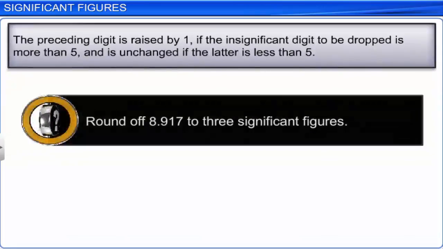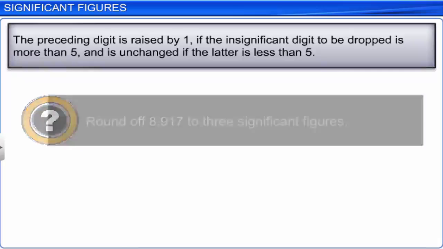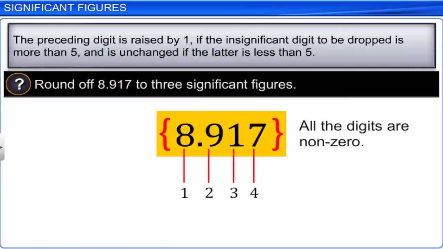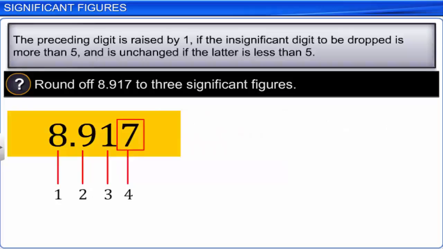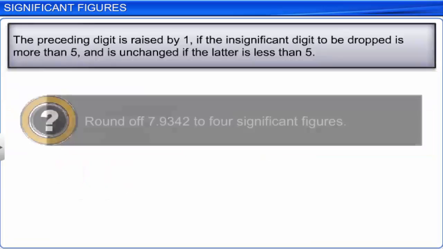Here is an example. We will round off 8.917 to 3 significant figures. This number has non-zero digits and there are 4 significant figures. In the decimal place, we will round off 7, resulting in the number 8.92. Here is another example.